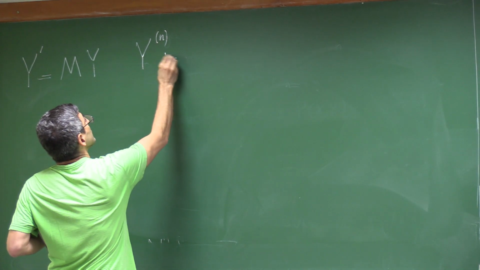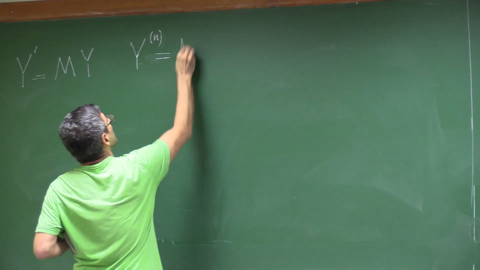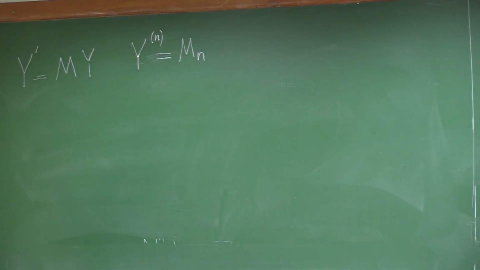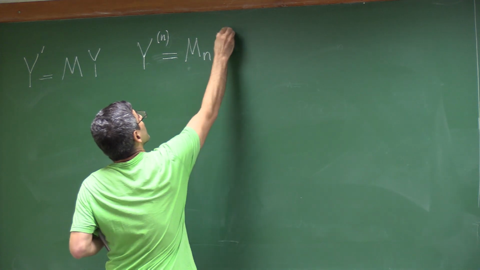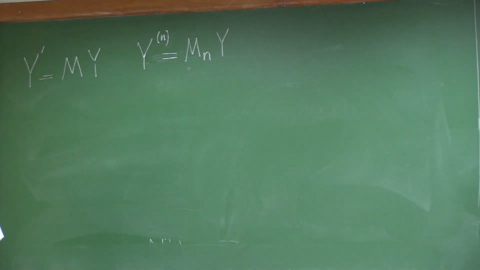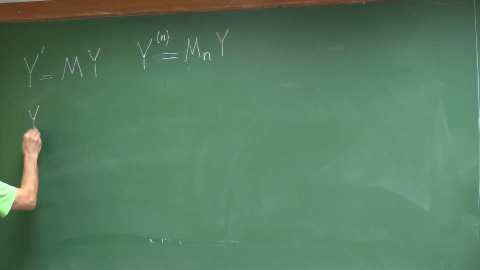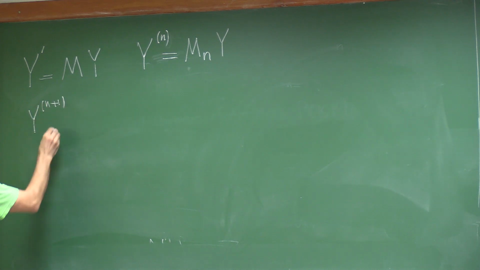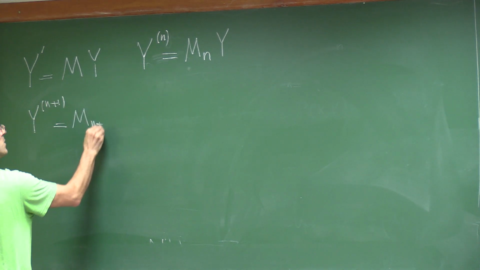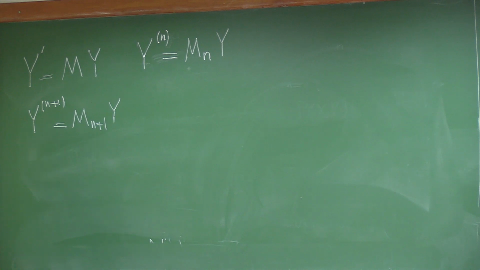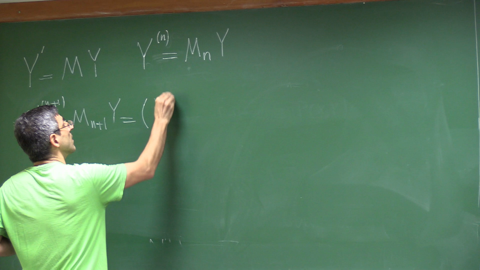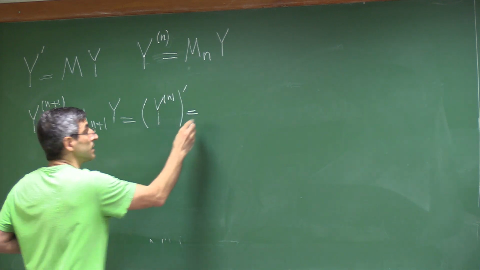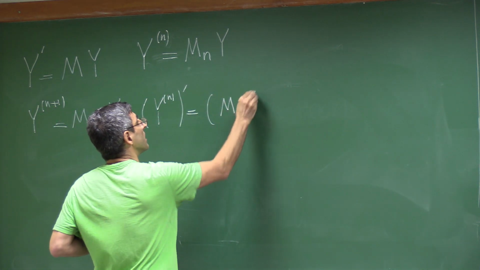At the end of the day, you can write this as a matrix M_n times y, and you can compute this M_n recursively. From another side, this is the derivative of y_n, which is M_n y.